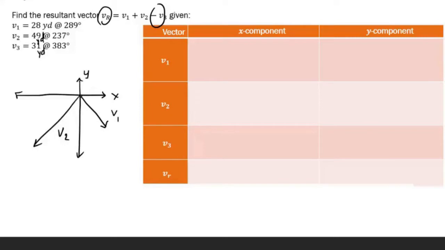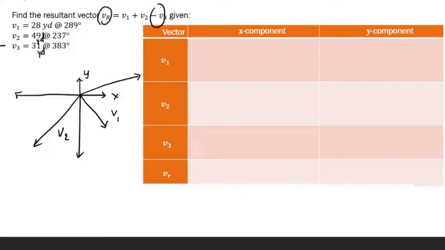So let's say roughly there. And vector 3 is 31 yards long and directed at 383 degrees. So vector 3, oddly given at greater than 360 degrees, would be in quadrant 1 and intermediate in length between vectors 1 and 2. However, we're being asked to subtract vector 3.